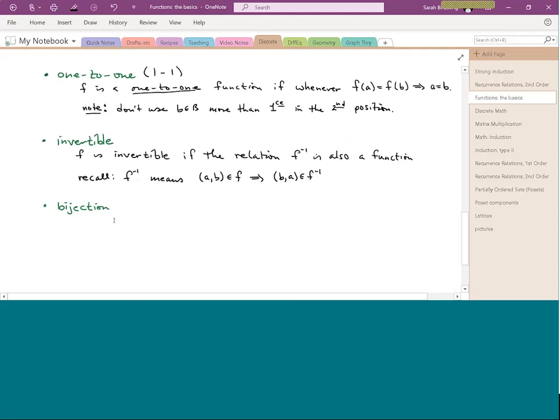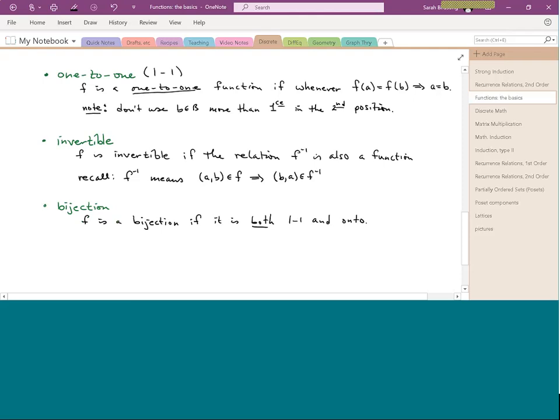Now, here's the first fancy word that we have. So a function is called a bijection, bi here meaning two. The jection part here is referring to a function if it is both one-to-one and onto. So f is called a bijection, or is bijective, if it is both one-to-one and onto.